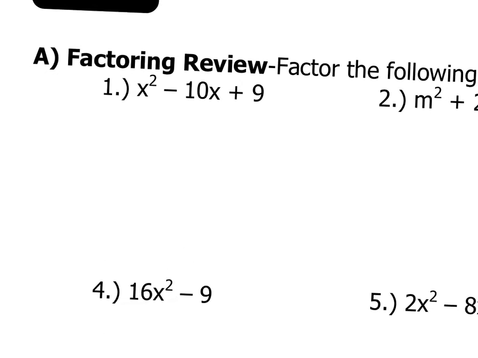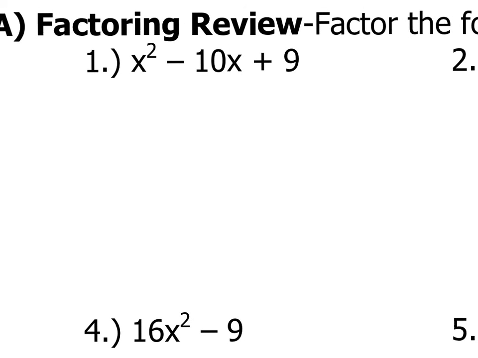So let's look at number one here. In order to simplify rational functions and rational equations, a lot of times we're going to need to look at these problems and factor quadratics.